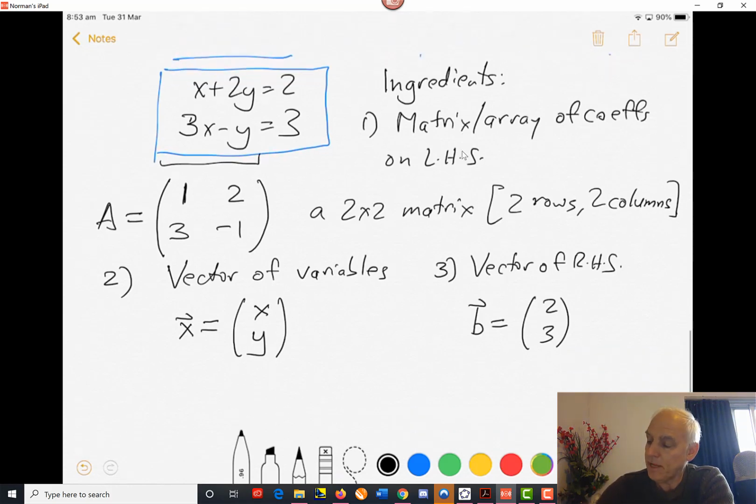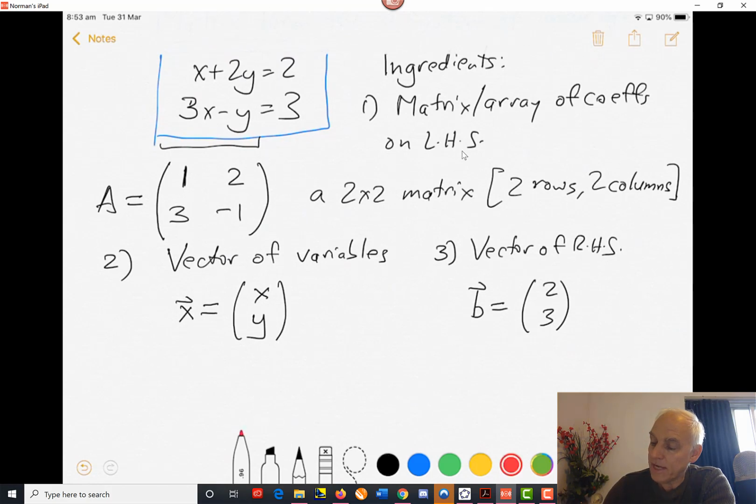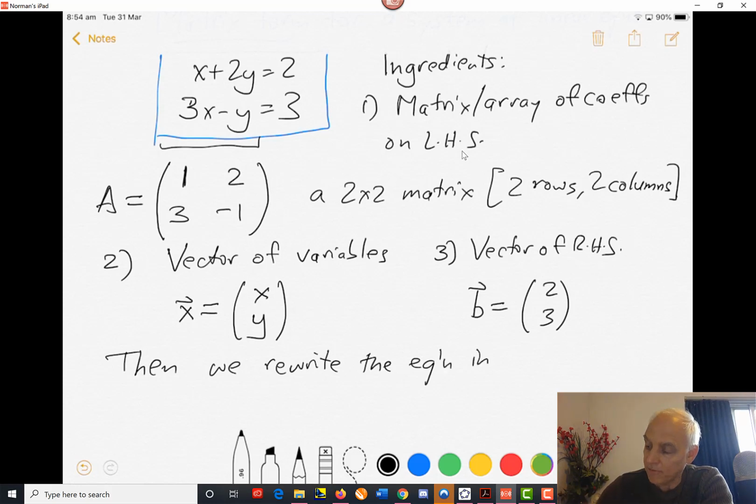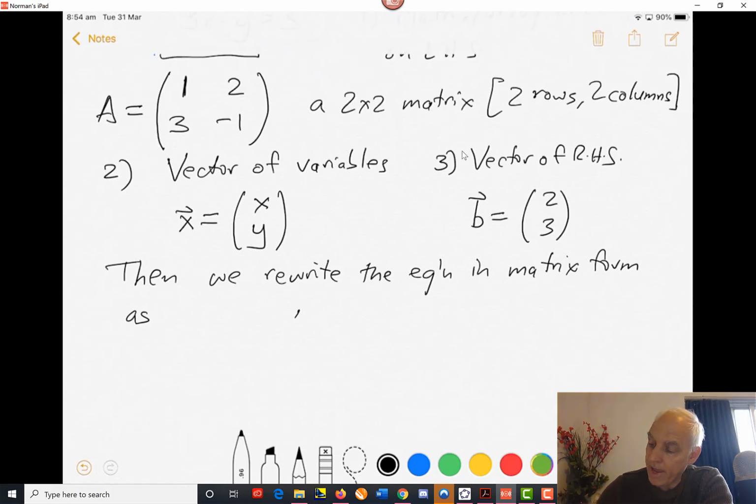Okay, so now we have these three ingredients: the matrix A, the vector x, and the vector b. So then we rewrite the equation in matrix form as AX equals B. Okay?